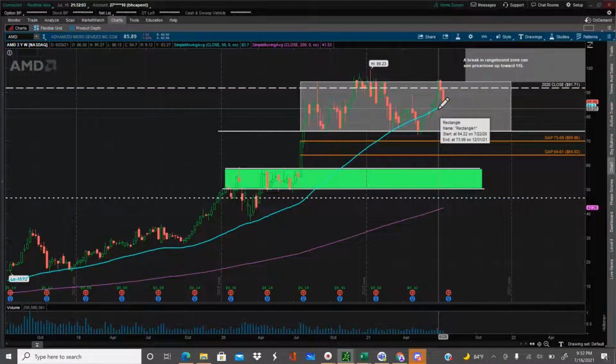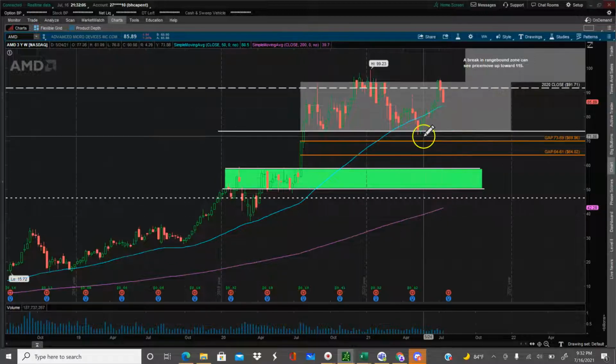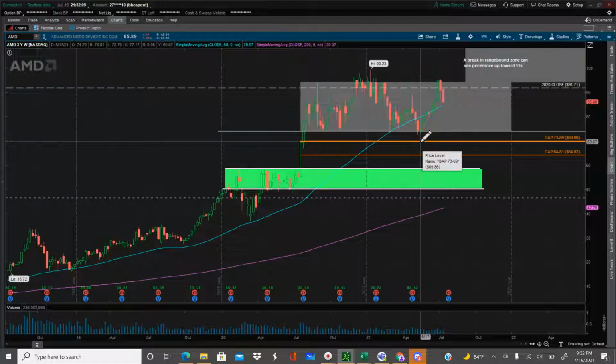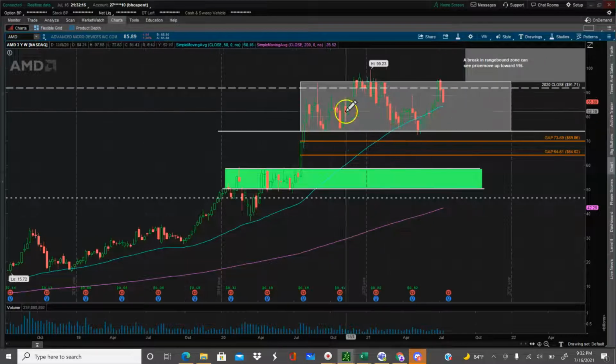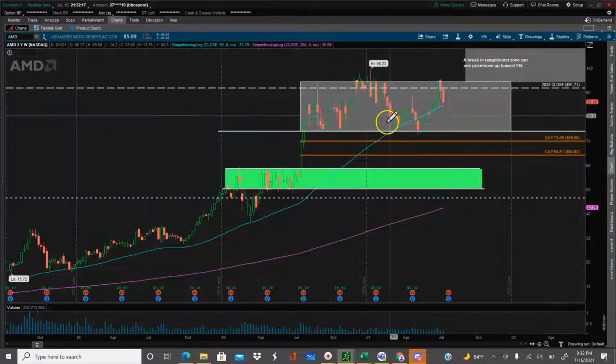My analysis so far is pretty much remaining unchanged with what I'm seeing. Range bound, clearly in phase three of the market cycle.